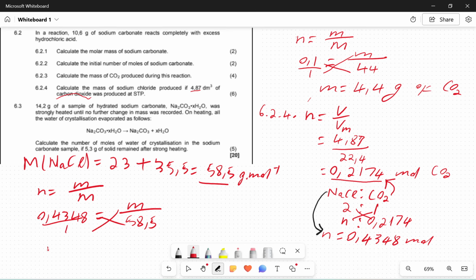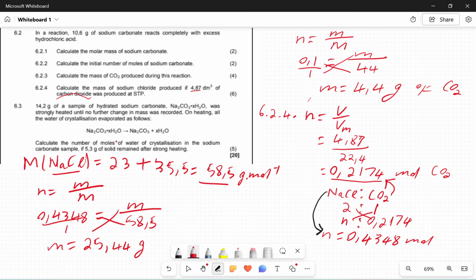M times 1 is M, and what is 58.5 times 0.4348? The answer I'm getting is 25.44 grams. This is the mass of sodium chloride. Okay, that's how you answer this question.